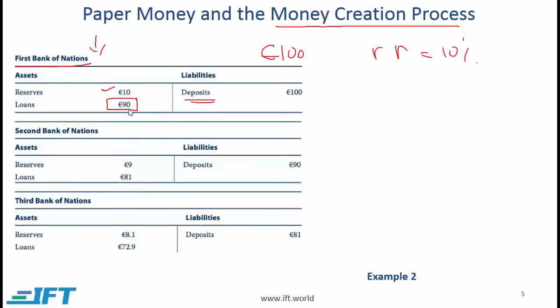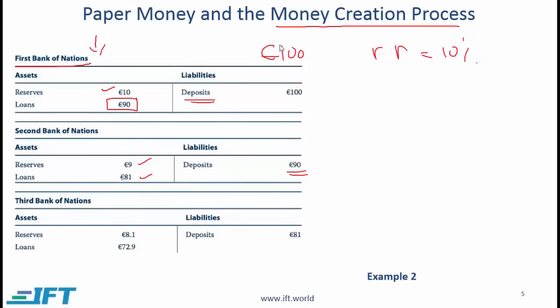That customer will then go deposit the money in his bank, and let's say that is the Second Bank of Nations. Given the 10% requirement, the Second Bank of Nations must keep 9 as reserve and the remaining 81 can be loaned out. And this process can continue.